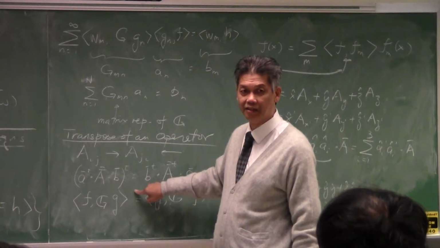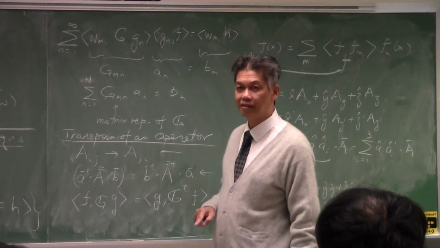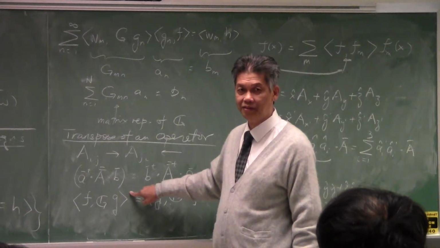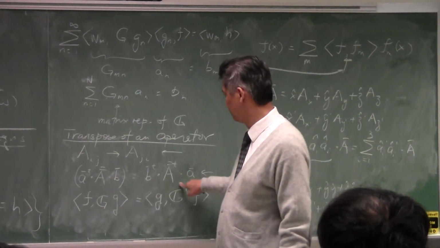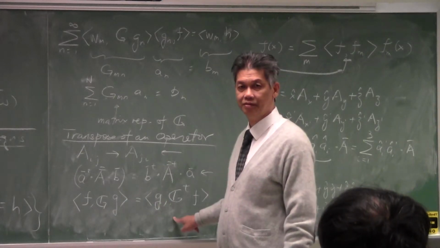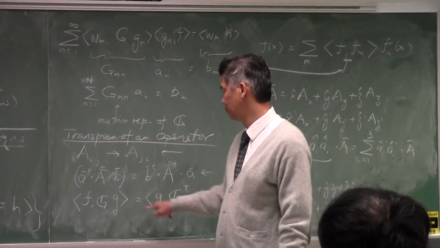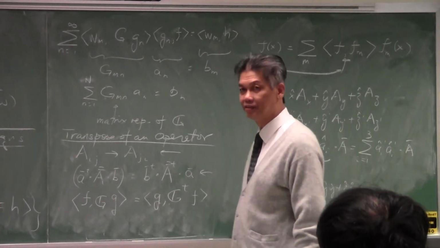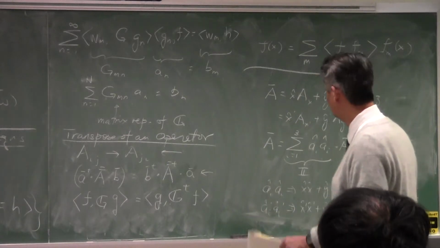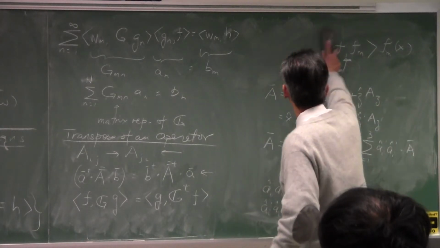This is a scalar, so I can eliminate this transpose, because the transpose of a scalar is itself. So this is equal to that. And you can go through a more detailed derivation and prove that this is correct. And this can be used to define the transpose of an operator.